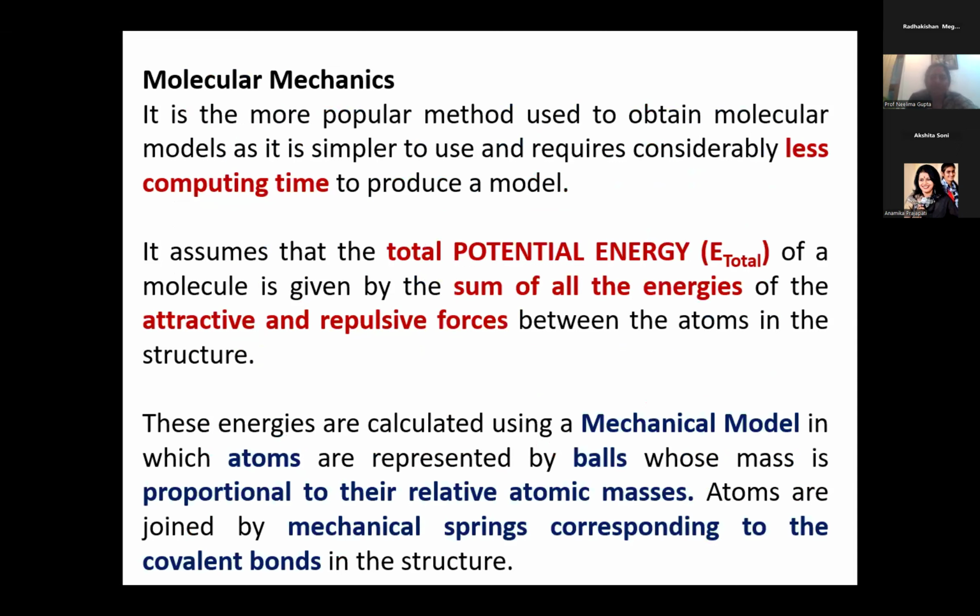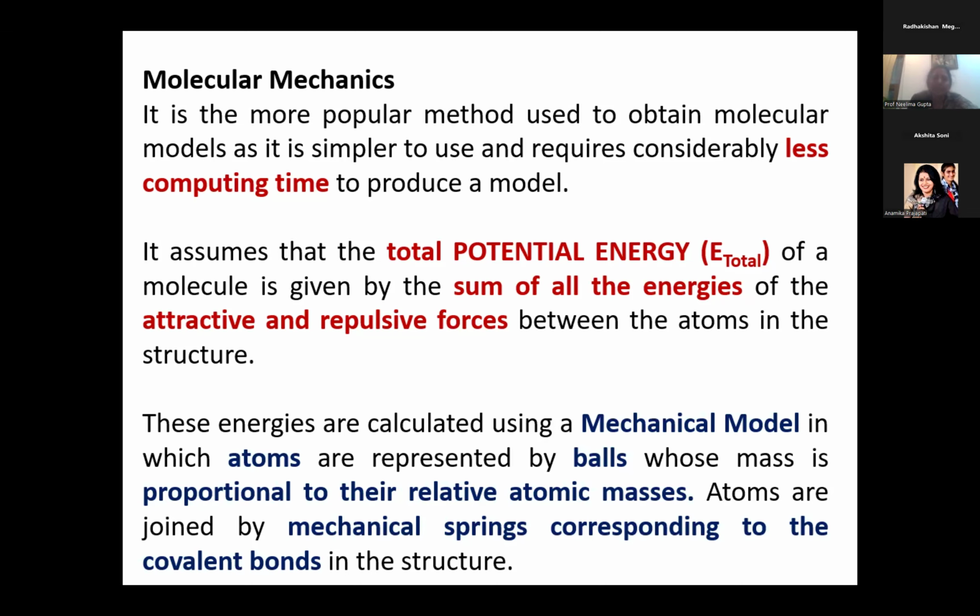Now coming back to the different levels of computational chemistry, molecular mechanics is the most popular method used to obtain molecular models as it is simpler to use and requires considerably less computing time to produce a model. So whenever we start this computer-assisted drug design, we do some docking experiments.